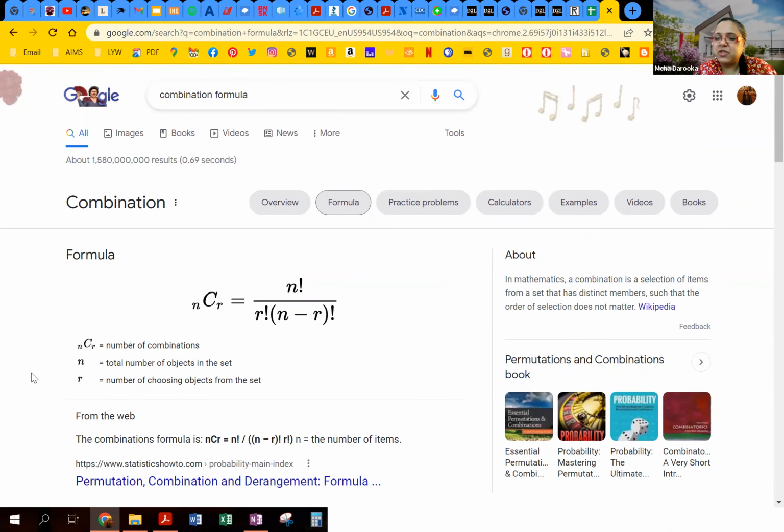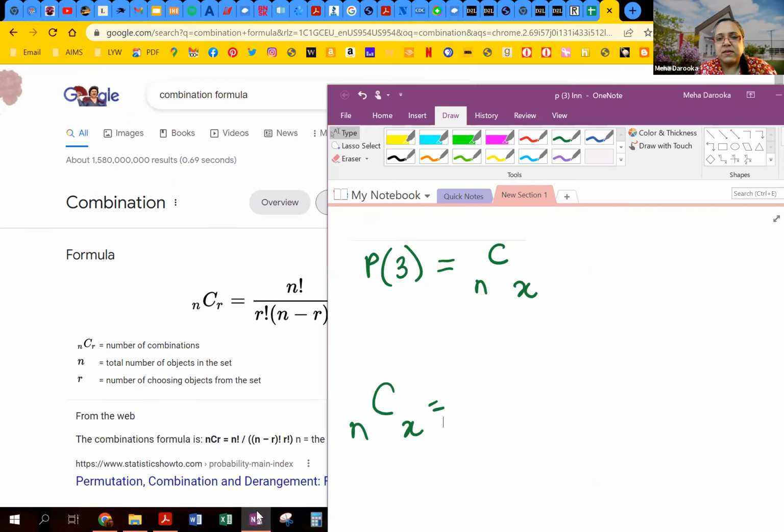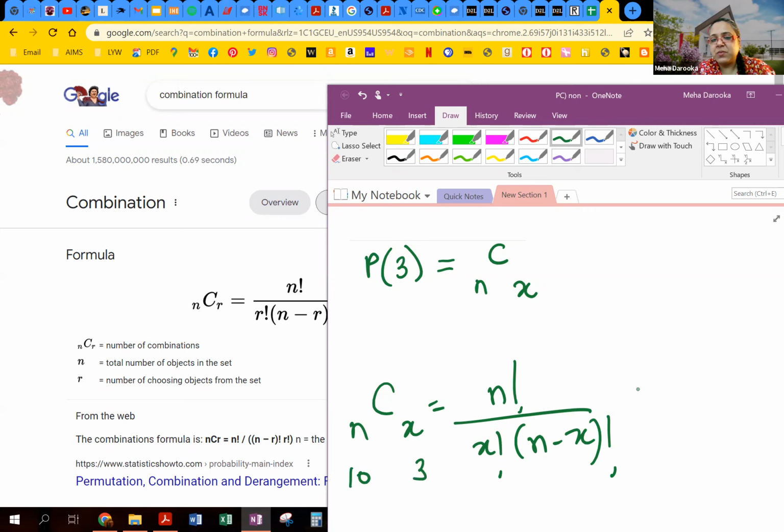That little exclamation point next to it is considered a factorial. So you would be doing n factorial over r factorial, which in our case would be x, and then n minus x factorial. In this case, our n value is 10 and we are looking at 3 heads. So this would translate into 10 factorial divided by 3 factorial, and then 10 minus 3, which would obviously be 7.